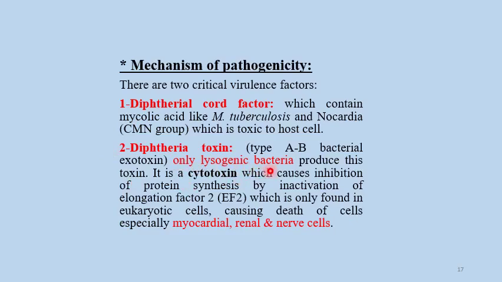Let me remind you, one last time, what lysogenic means. It means there is a bacteriophage, a virus infecting the organism, and it is the one that provides the bacteria with the tox gene so it can produce the toxin. So without this phage, the bacteria cannot produce the toxin, and we consider it non-toxigenic. Toxigenic bacteria are bacteria infected by the phage, and it is lysogenic. So only lysogenic bacteria produce this toxin.